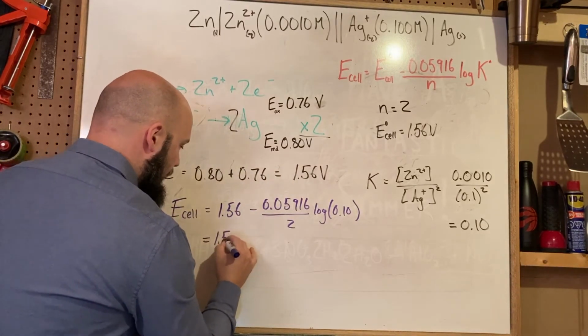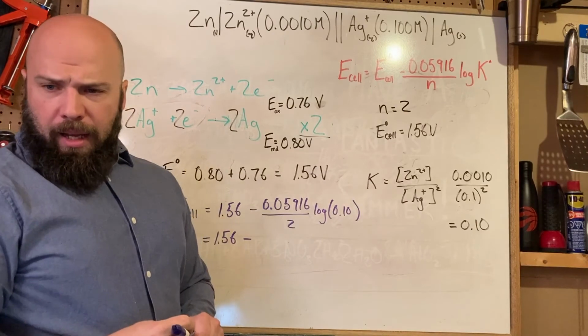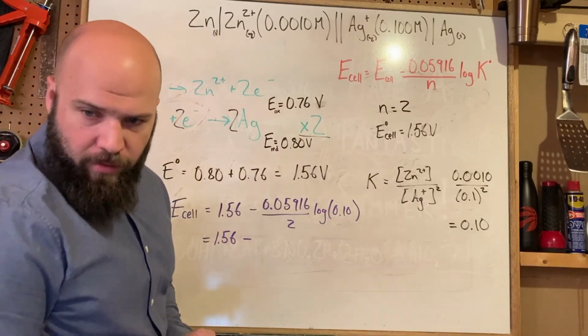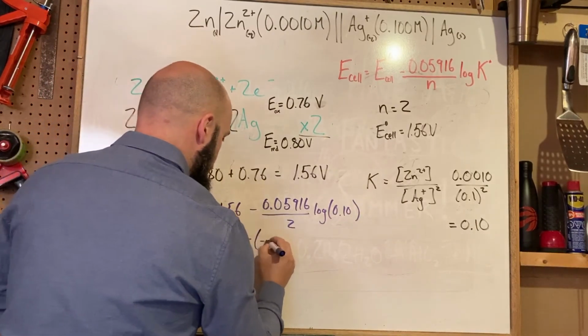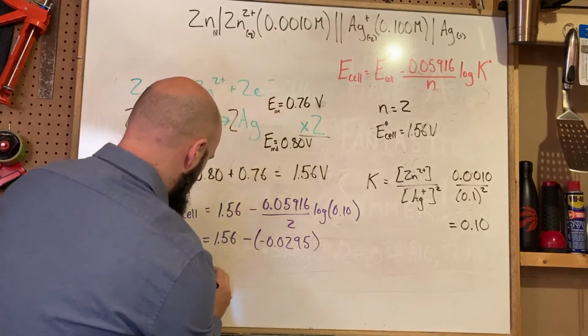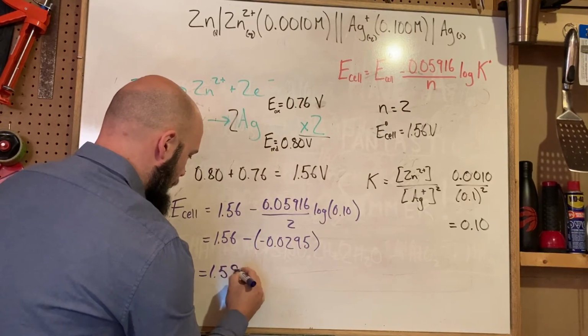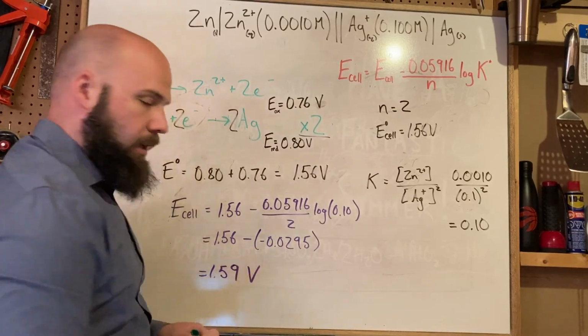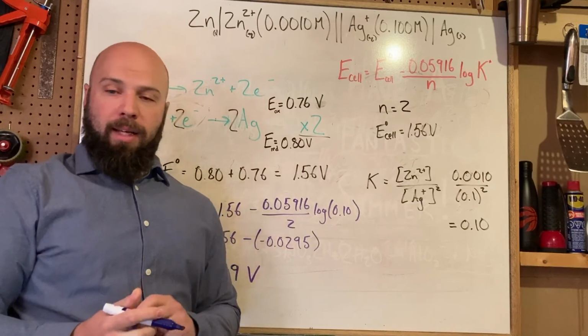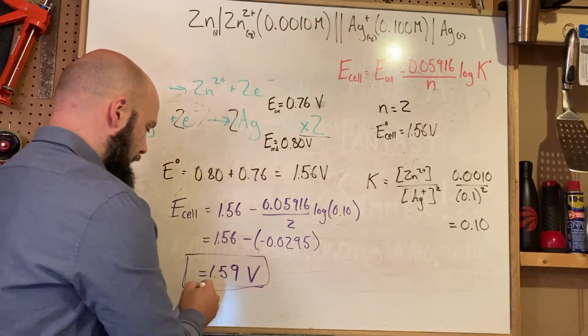Becomes 1.56 minus negative 0.0295, which will give us 1.59 volts when we give our final answer under the proper significant figures.